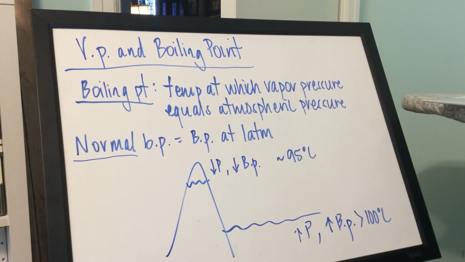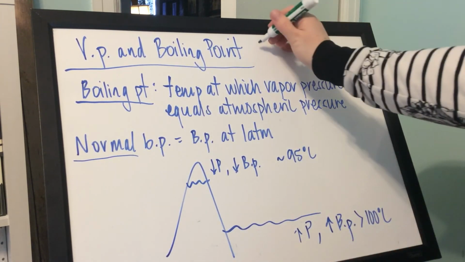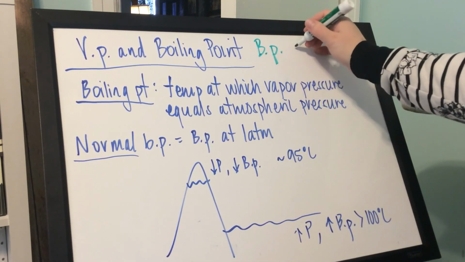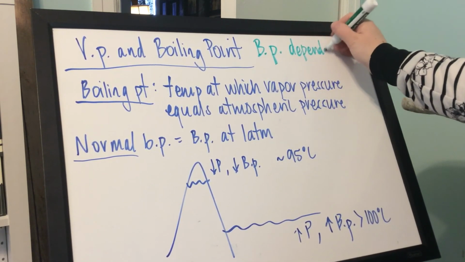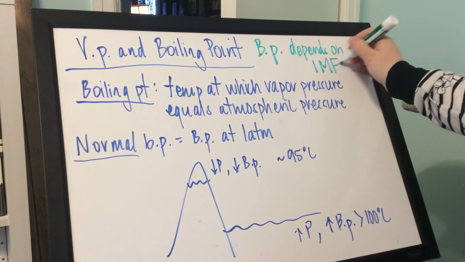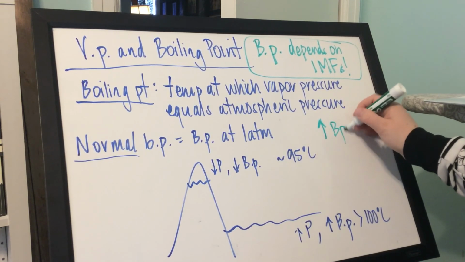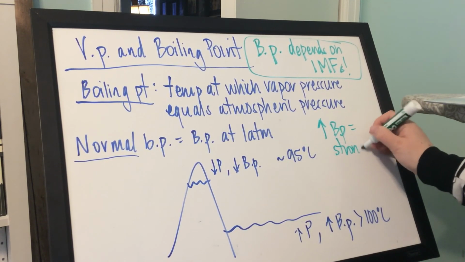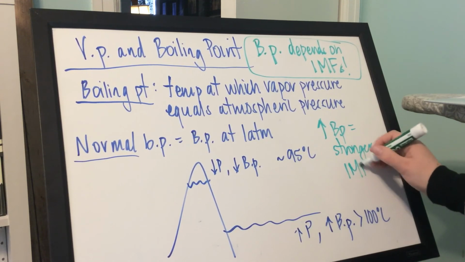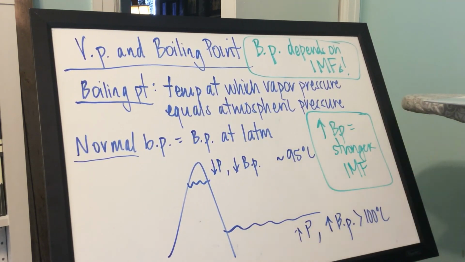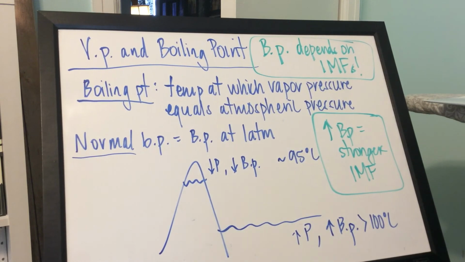And we also know, and maybe I should make a huge point of this, which I think is the idea throughout this whole section, that boiling point depends on intermolecular forces. I bet you couldn't guess. So a higher boiling point means a stronger intermolecular force. And if that's not a takeaway, I don't know what is. And so we talk about water having pretty strong intermolecular forces.